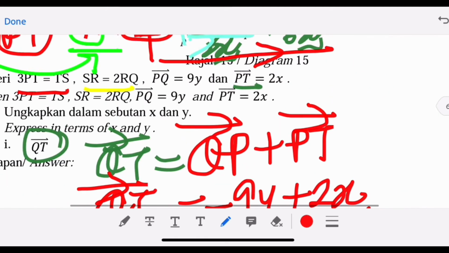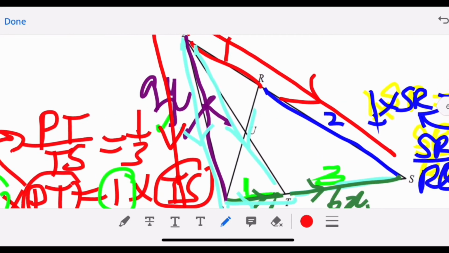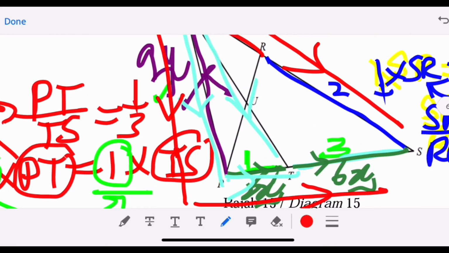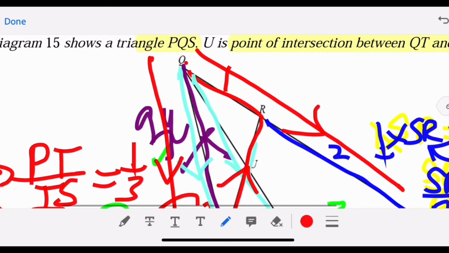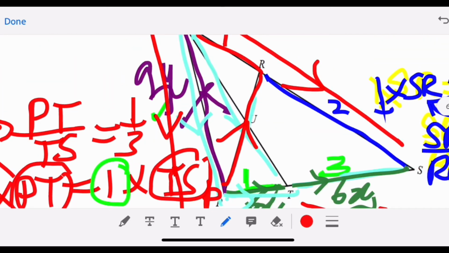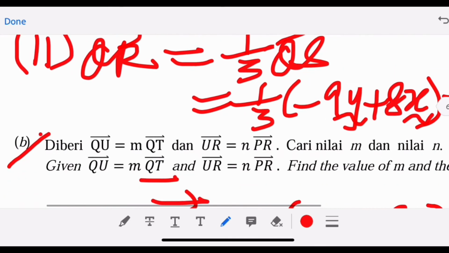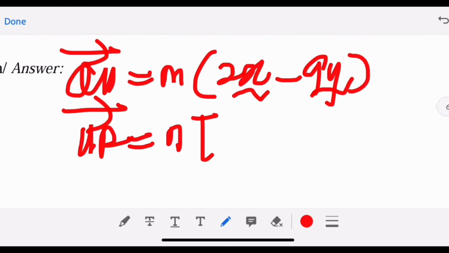PR here is a P to R. PR is equal to PQ plus QR, right? Let's write down the triangle law. PQ plus QR.